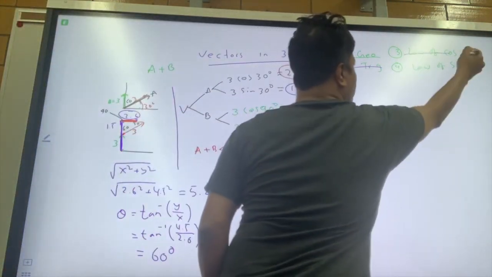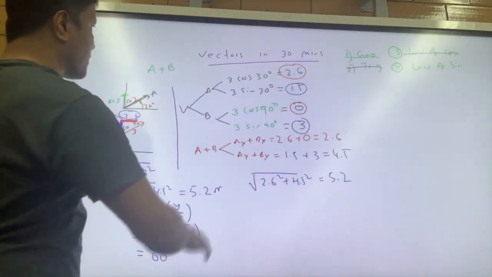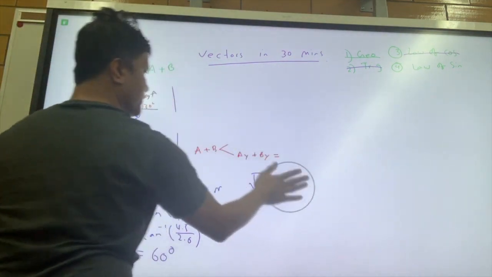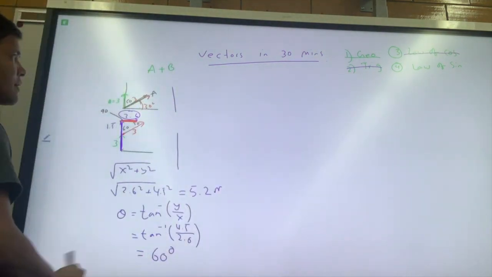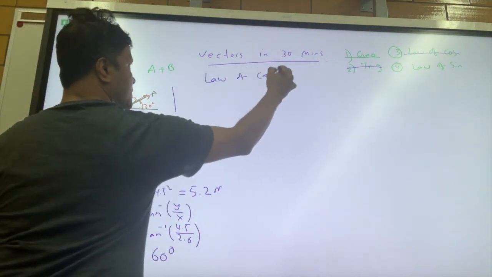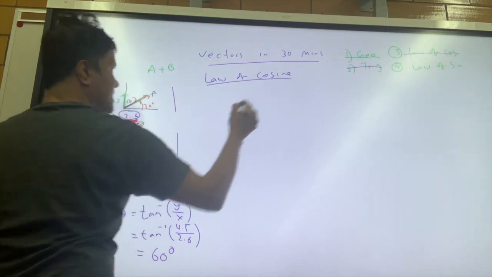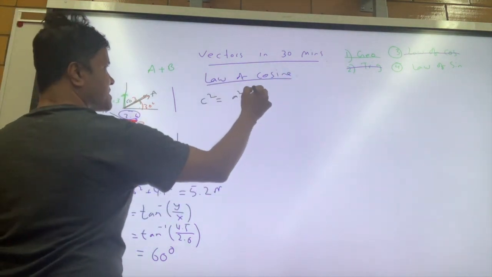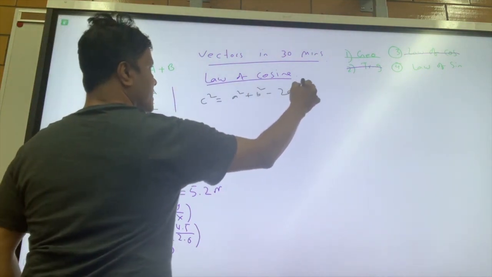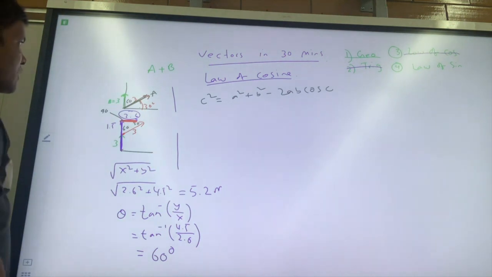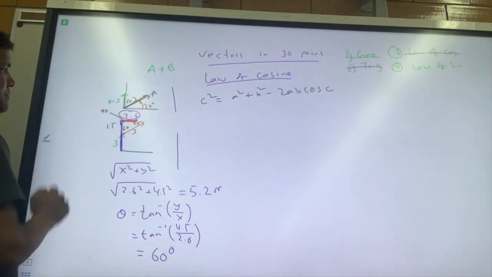Now you're going to do the law of cosine. So I'm going to erase the trigonometry to do the law of cosine. So law of cosine said that c square is equal to a square plus b square minus 2ab cosine c. Okay, so now we're going to draw this.